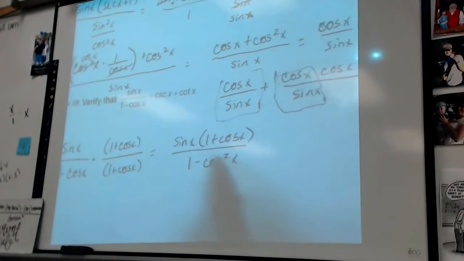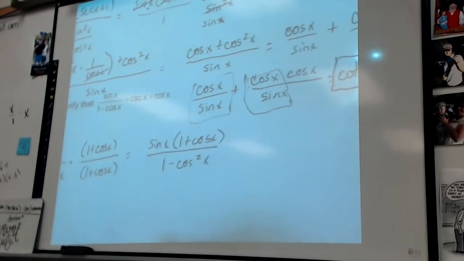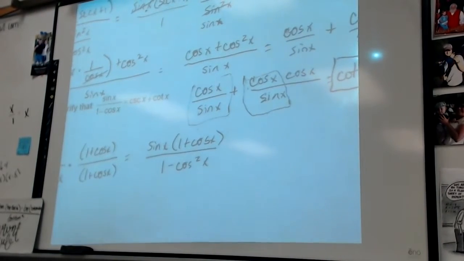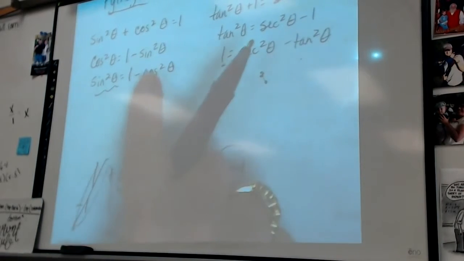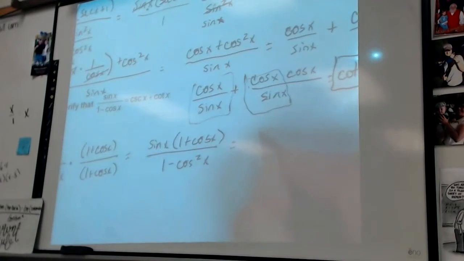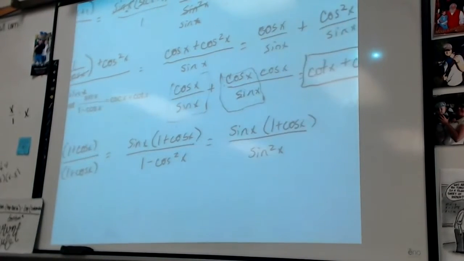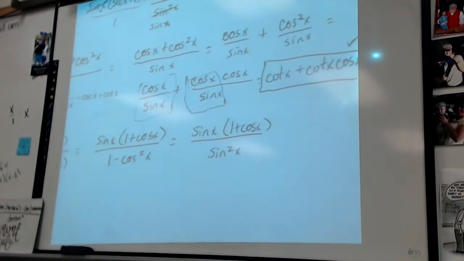So now I believe 1 minus cosine squared is an identity. Yep, there it is right there. 1 minus cosine squared is sine squared. So sine x times 1 plus cosine x over sine squared x. Okay, so now what?